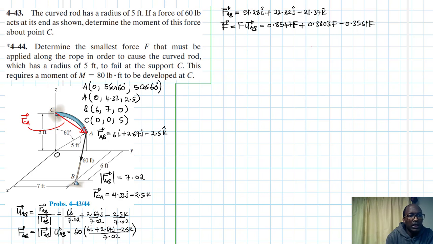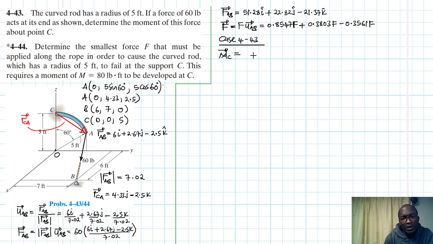All right. Now let's start the cases. I think we've developed everything that we need. So let's say case 1, which is 4-43. So this is quite direct. We're just finding moment about point C. So that's MC.